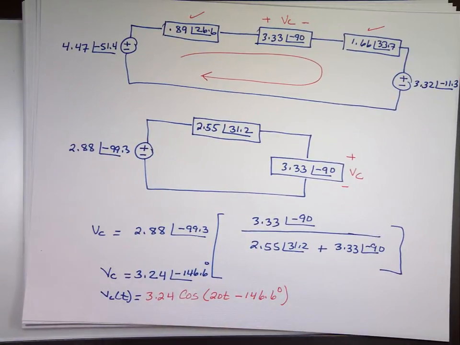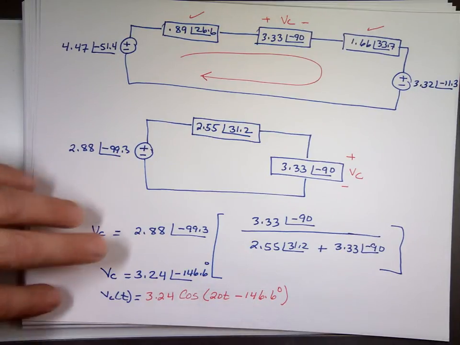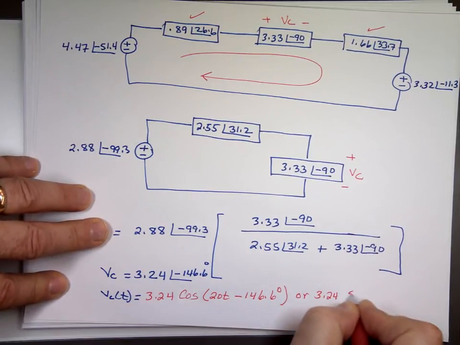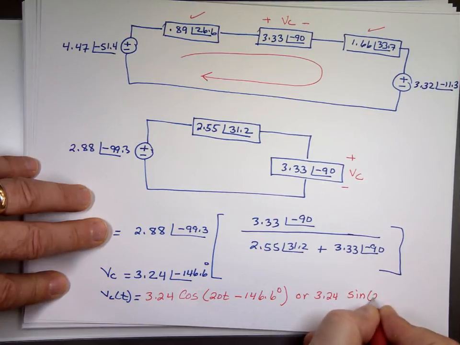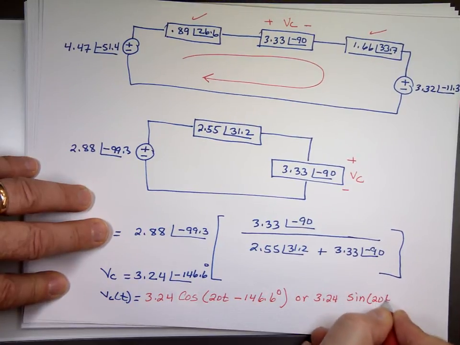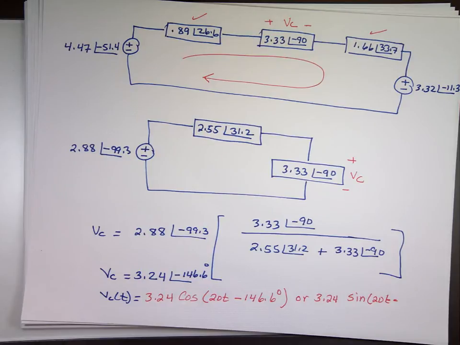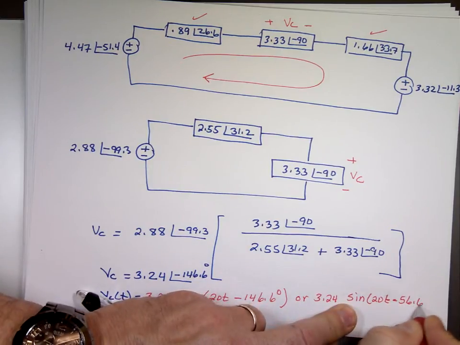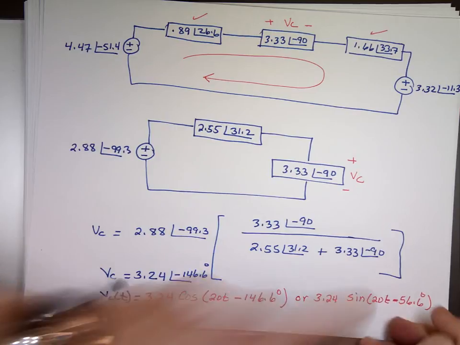To go from cosine to sine, we need to add 90 degrees. So 3.24 sine 20t, minus, let me add 90 minus 146.6, and that's negative 56.6. And that's your voltage as a function of time.